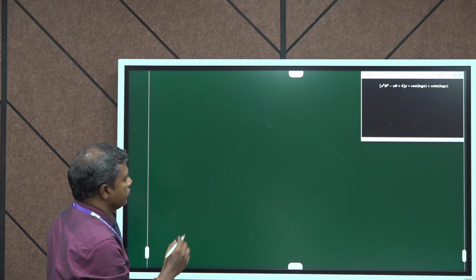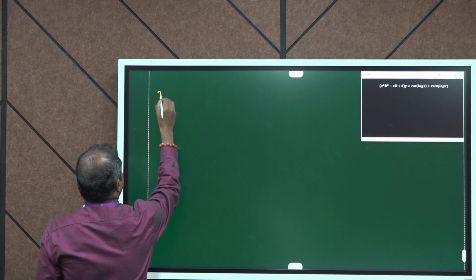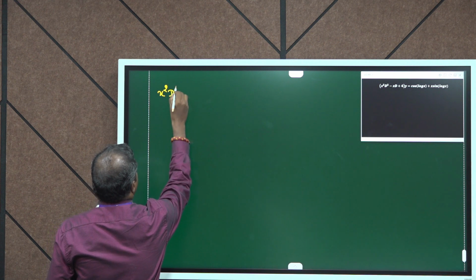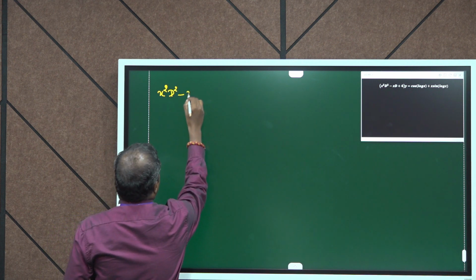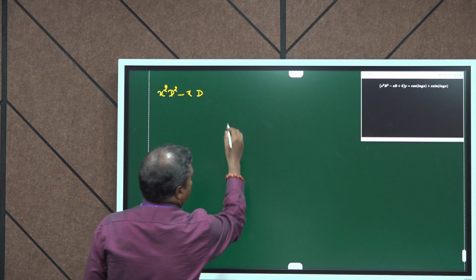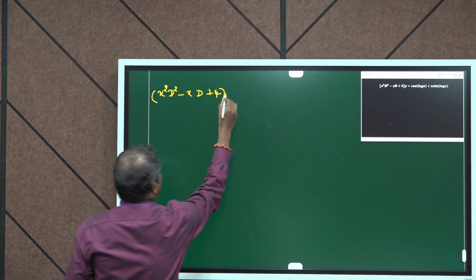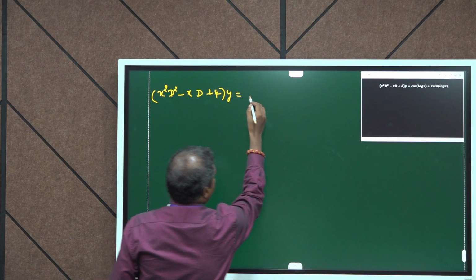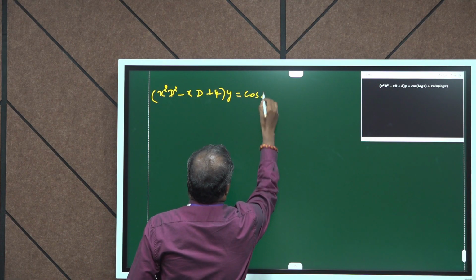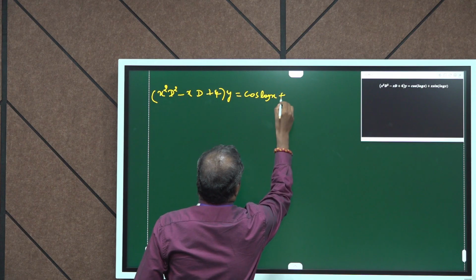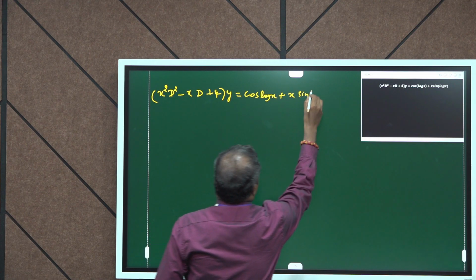So here we have (x square D square minus x D plus 4) y is equal to cos of log x plus x sin of log x.